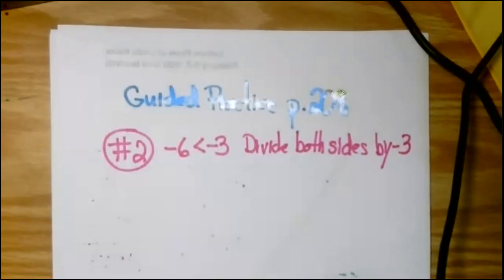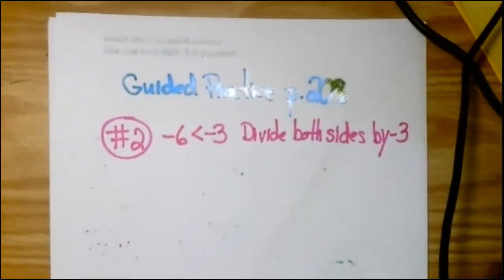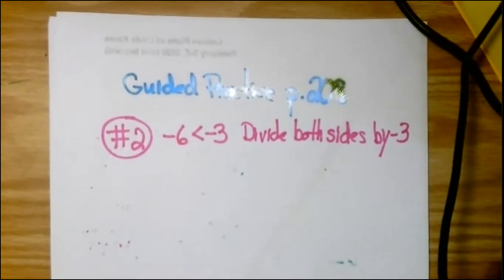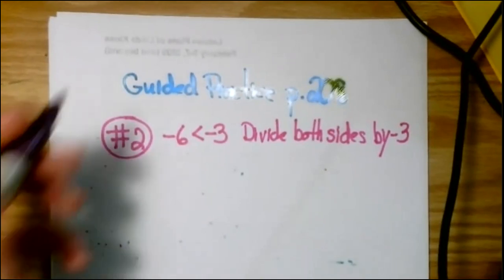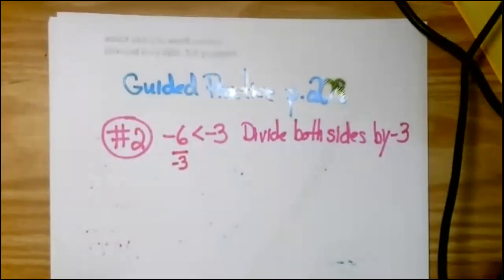Okay, guided practice, page 208. Number 2, negative 6 is less than negative 3. Divide both sides by negative 3. Here is where we are dividing.